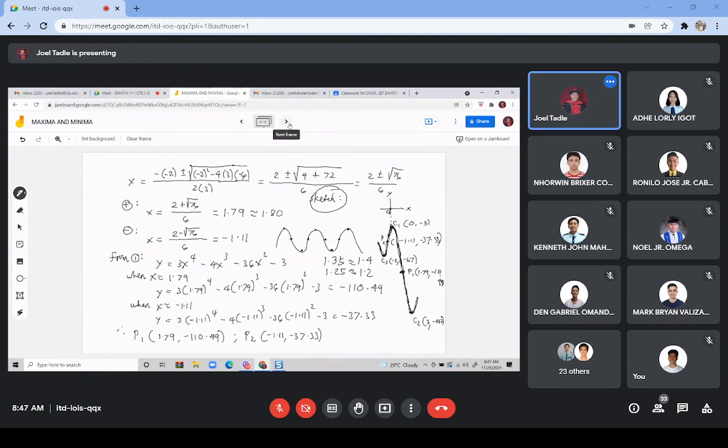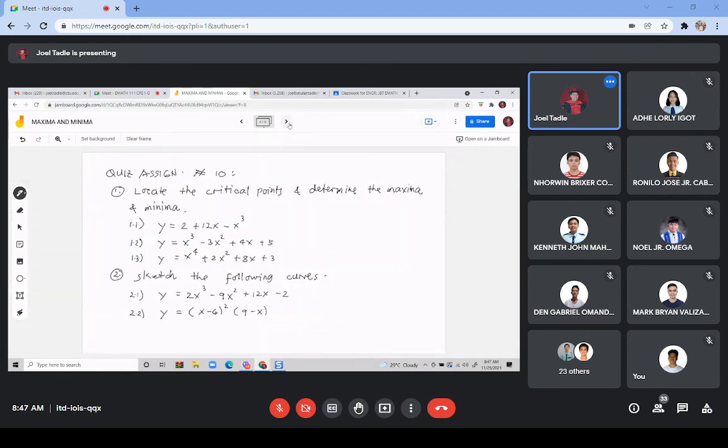Okay, so this time I will give you quiz assignment number 10, or exercise number 10. Please copy this. Just screenshot it, guys. Number 1: locate the critical points and determine the maxima and minima.